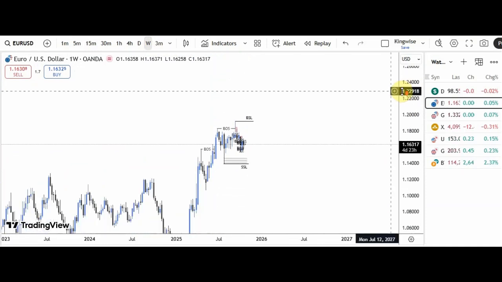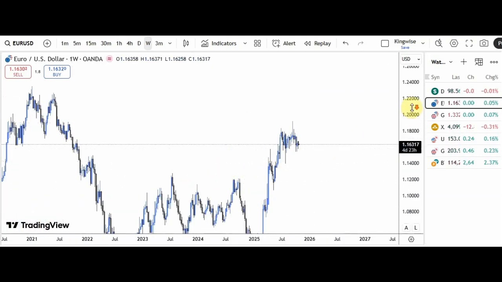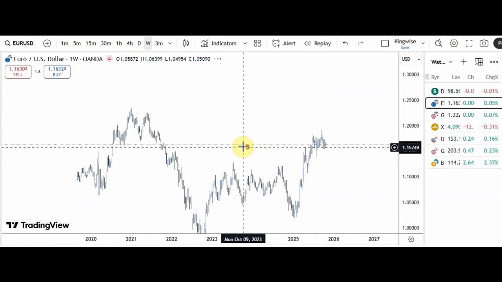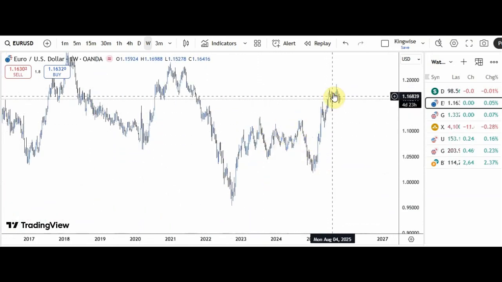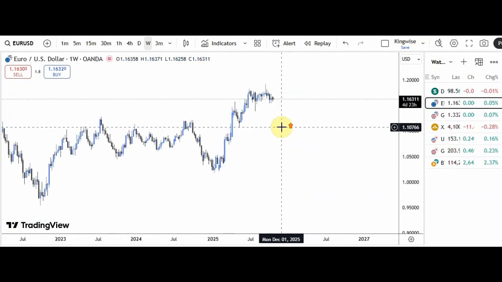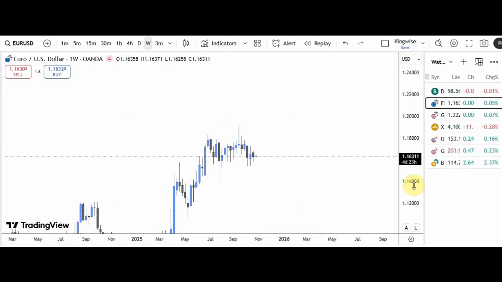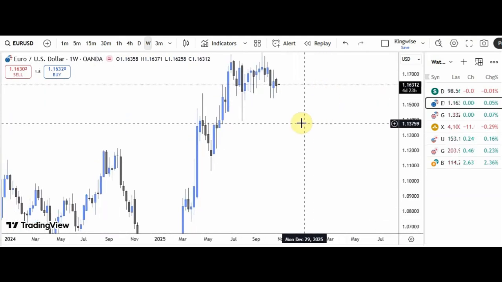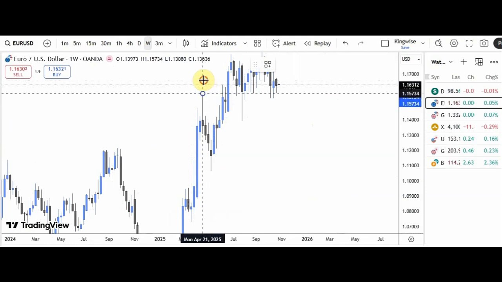Okay, from the weekly time frame, let's take this off. From the weekly time frame, we can see that over some weeks now, price has been buying. We just want to look for the recent break of structure and see price reaction from either the supply or the demand zone.